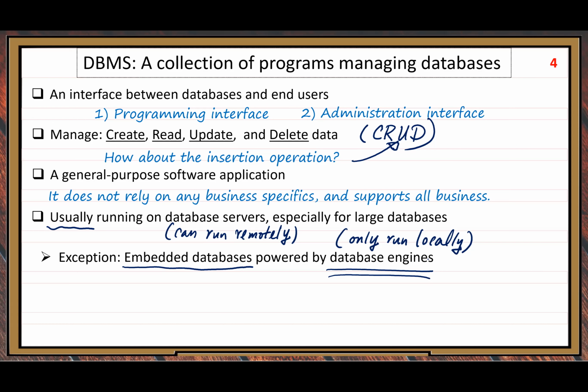If those apps do not rely on the network and do not need to connect to the internet, that's useful, because if an app relies on the internet and you do not have internet service, then you cannot run that application. In that situation, there is a possibility you use embedded databases.